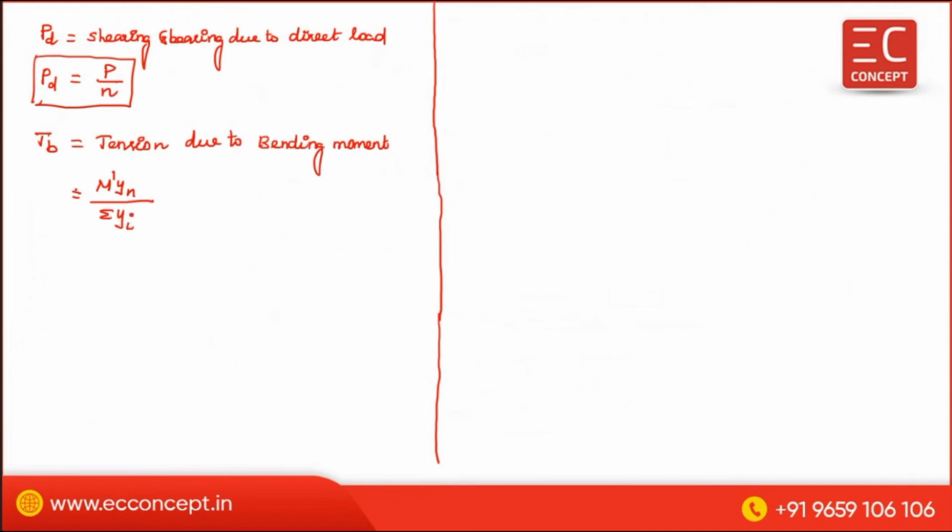This is the bending equation: M dash into Yn divided by summation of Ya, only Ya, not Ya square. Here M dash is equal to total moment divided by 2, that is M dash equals P into E divided by 2.